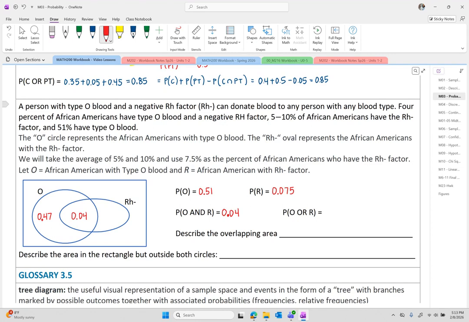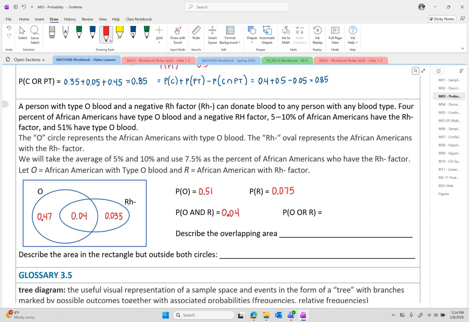And if we estimated that Rh minus would be the class mark of 5 to 10%, so 7.5% minus 4%, this will result with Rh negative but not blood type O being 3.5%.